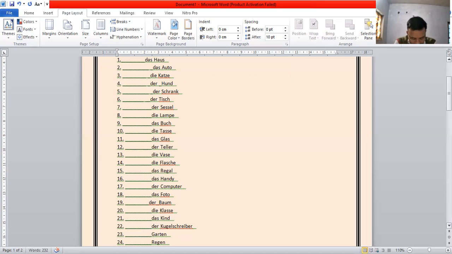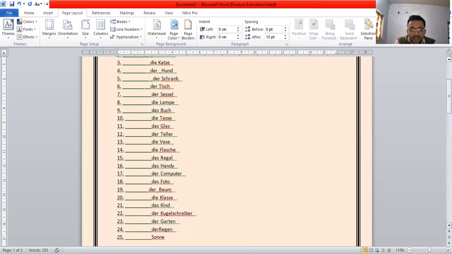Garten is generally for garden, and with this we use der Garten. Then Regen, it's for the rain, and we use der Regen, and Sonne for sun. So here we have die Sonne. It's the sun.